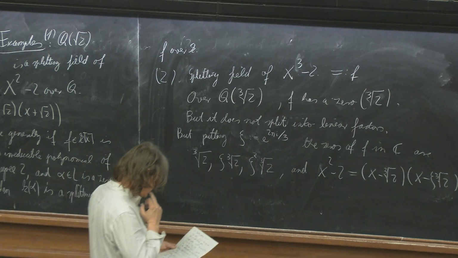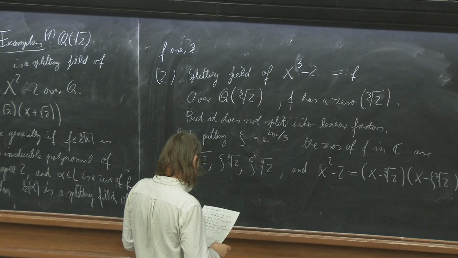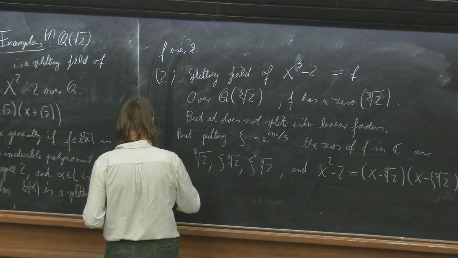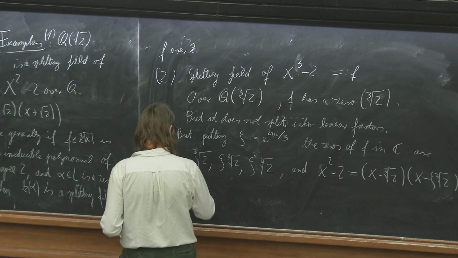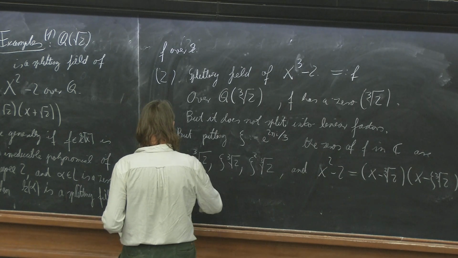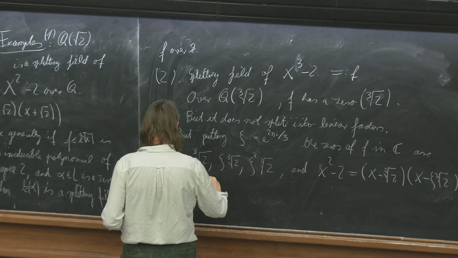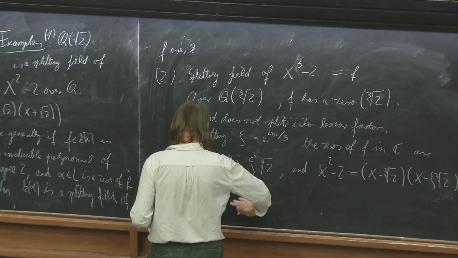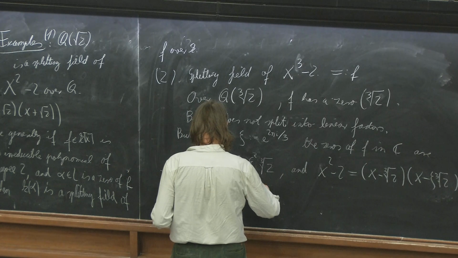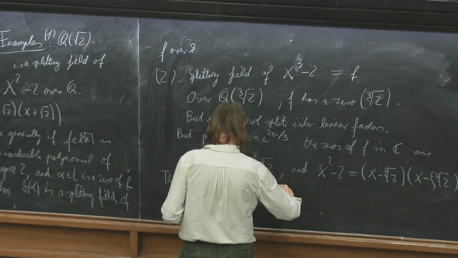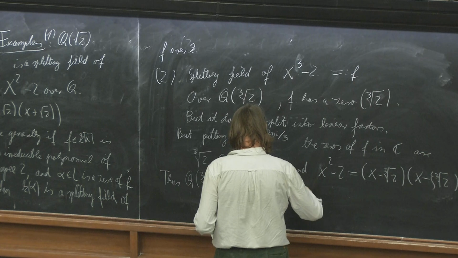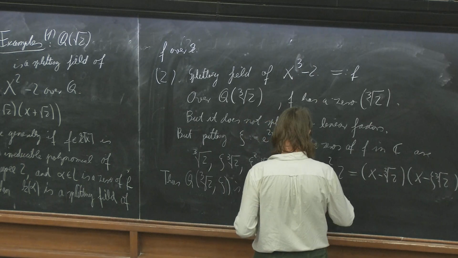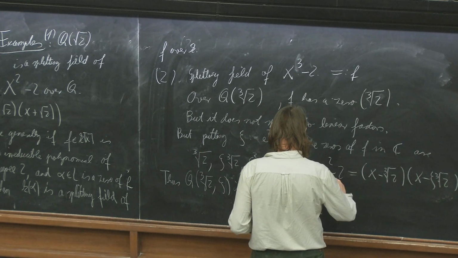So this is, okay, and so it follows that Q adjoined the cube root of 2 and theta times the cube root of 2 is a splitting field of x to the third minus 2.